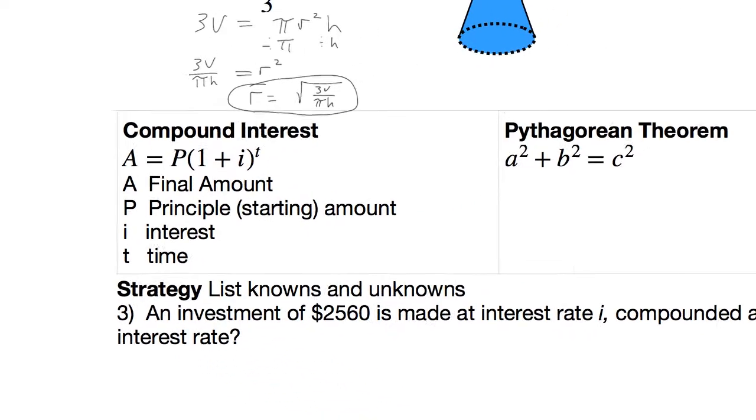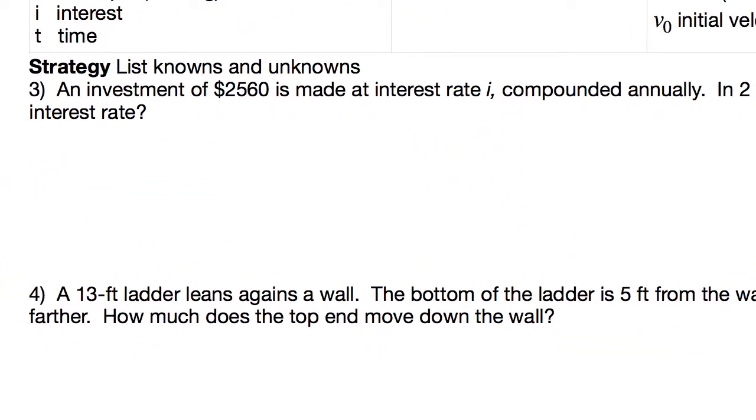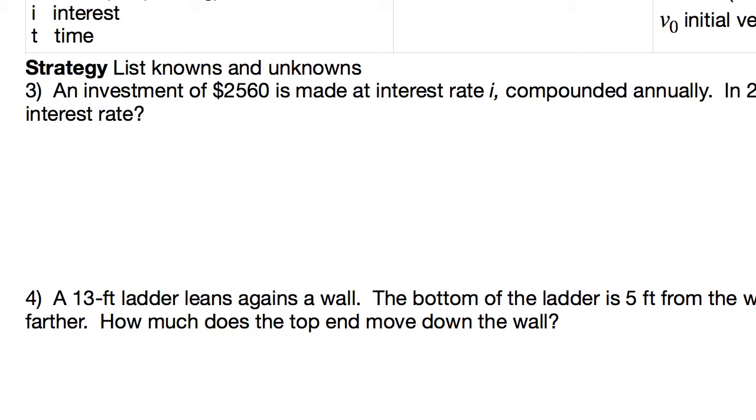So, of course, the strategy is going to be listing the knowns and unknowns, as usual. So, an investment of 2560, that's known. That sounds like a starting amount. Is made at an interest rate I. I don't think we know the I. It's just telling us I. Compounded annually.